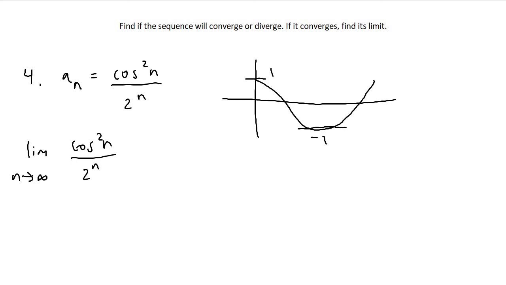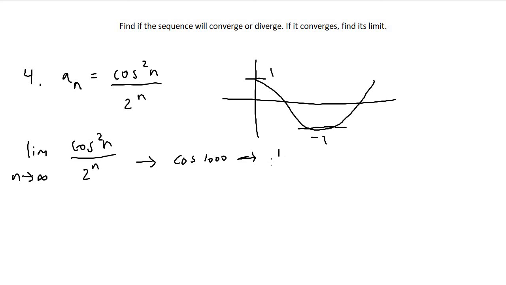And so let's say we plug in a number like 1,000, a very large number. Cosine of 1,000, we know it's going to be somewhere between -1 and 1. And if we square that value between -1 and 1, we'll still get some number between -1 and 1.